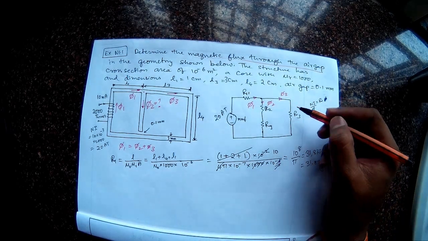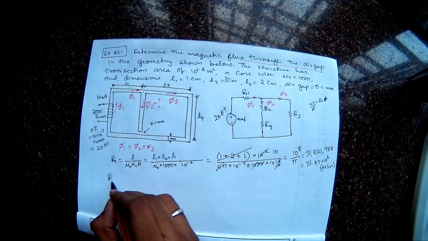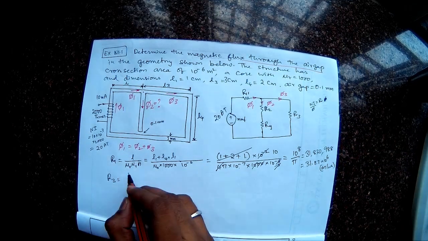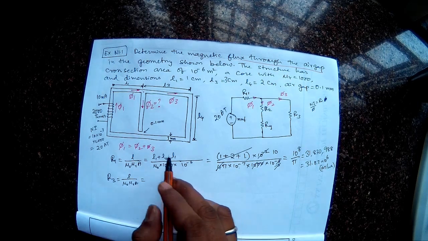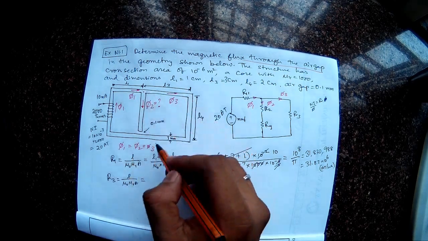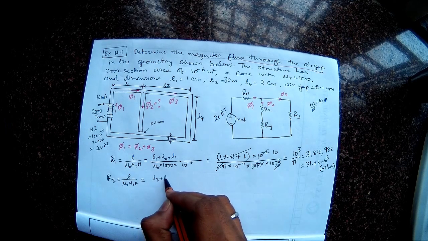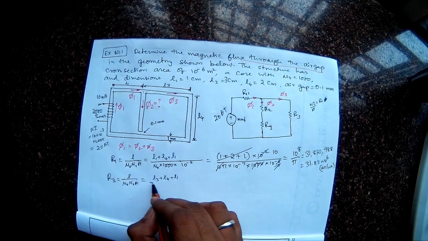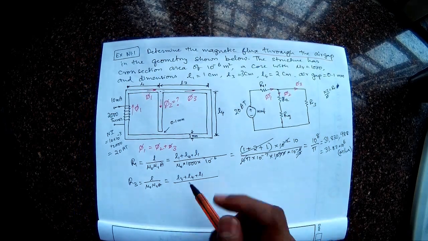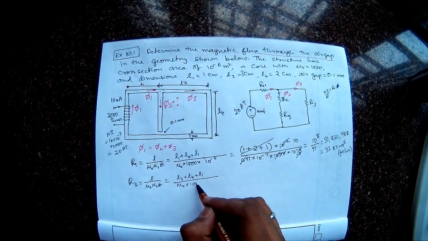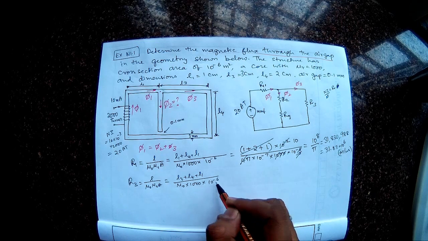Okay. So what about the reluctance of R3? Okay. So R3 is exactly the same formula. So L by mu naught mu R into A. So in the place of L1, I'll have to substitute L3. So I have L3 plus L4 plus L1 divided by mu naught into 1000 into 10 power minus 6.